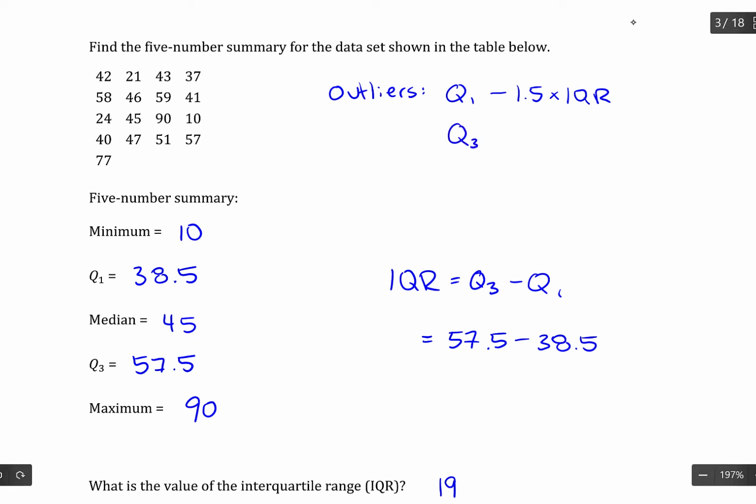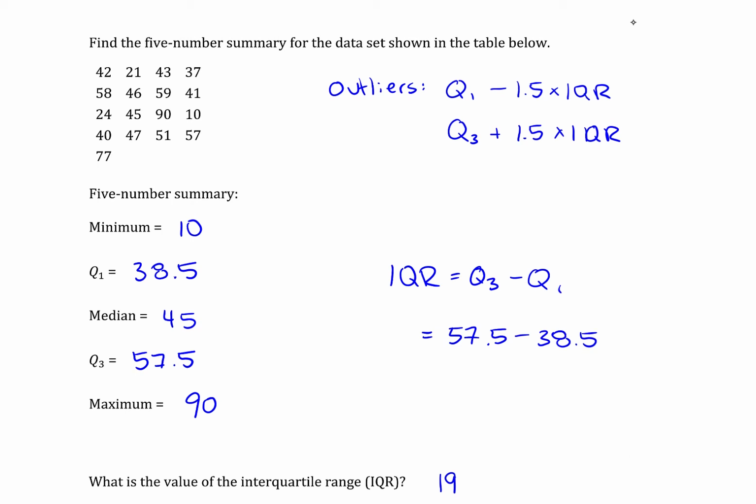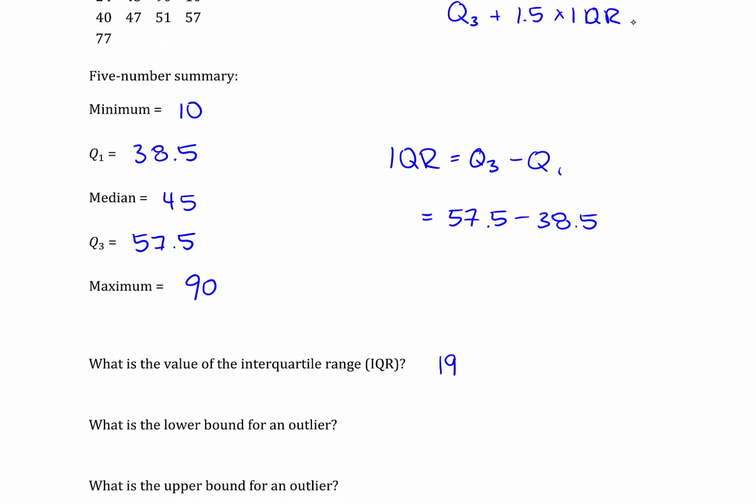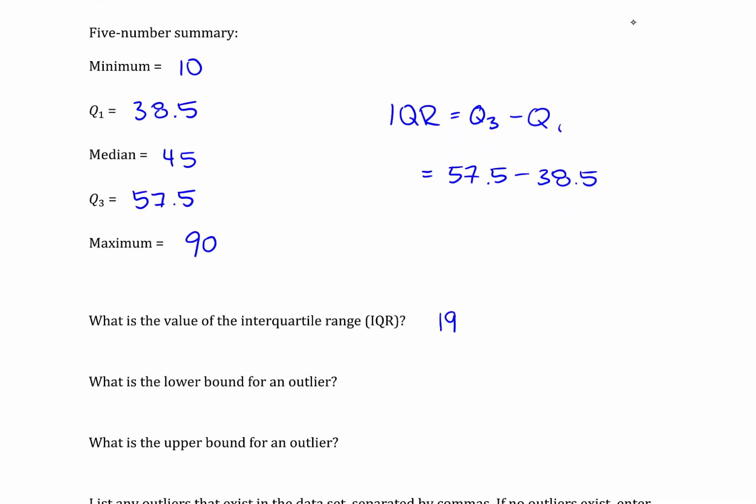And if I take Q3 plus 1.5 times my interquartile range, that's the upper bound for outliers. So any numbers outside of these two values are considered outliers. So let's check and see what the lower bound and upper bounds are for outliers in our data set.